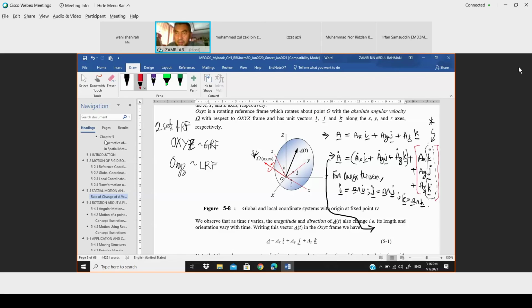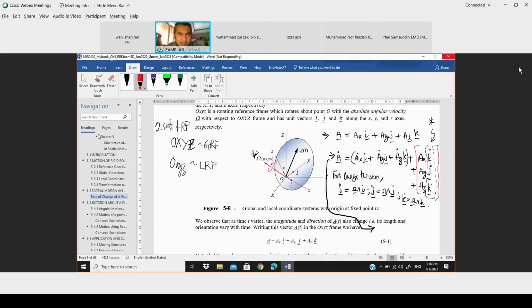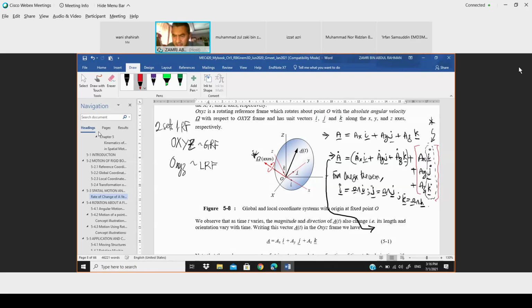Nak tutup kamera sudah. I really don't like about this WebEx. I think Google Meet is more smooth. Screen jadi hang pula. Tengok, aduh, hai.